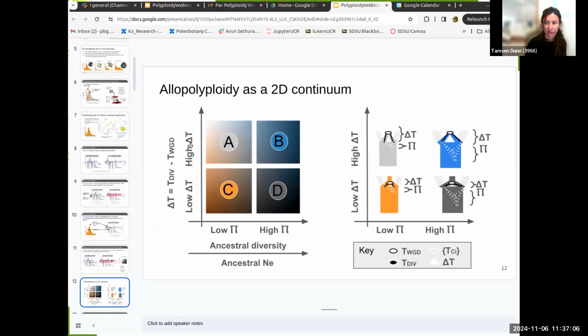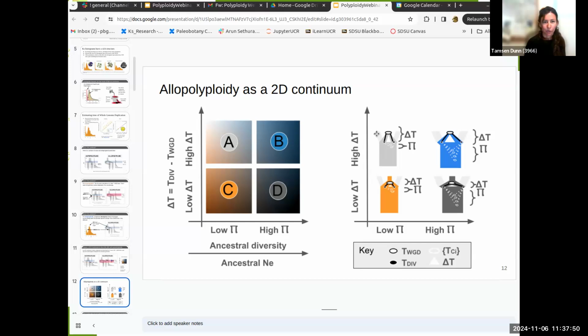So here's kind of a cartoon of that. The delta T here is the difference in time between parental divergence and whole genome duplication. And then the x-axis here is ancestral diversity, because remember we talked about the distribution of that KS peak and the ancestral species when the parents diverged. Well, what's going to give us that distribution of divergences? One theory is you can use the Kingman coalescent, because that tells us within a species, at least if that ancestor was in panmixia, we do have a distribution that we can start with that will even tell us something about the diversity of that ancestral species.